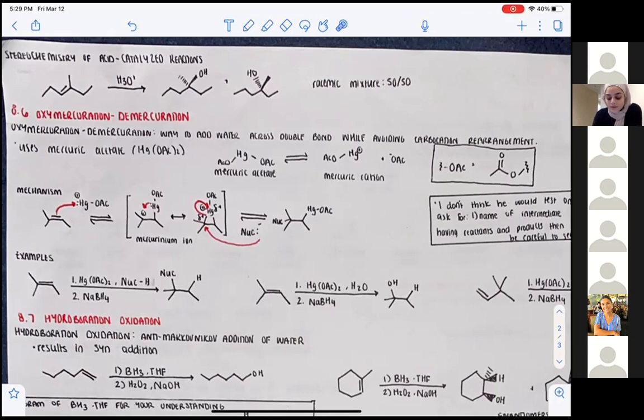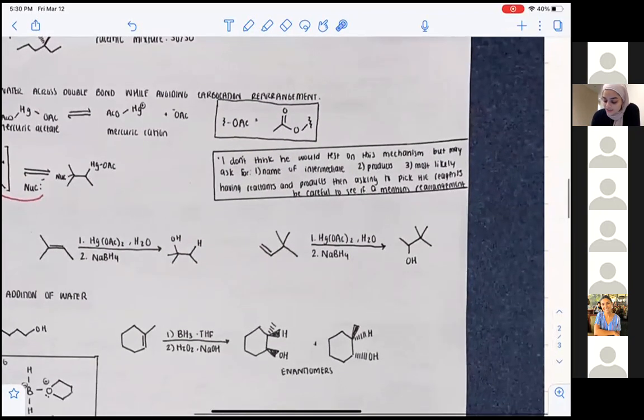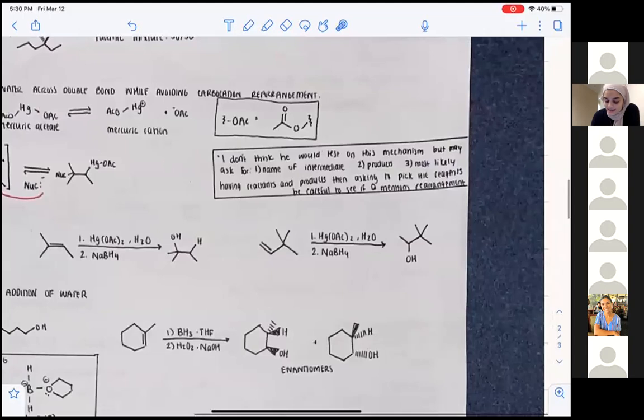So over here, we have a way to add water across the double bond while avoiding carbocation rearrangements, which is pretty convenient. Let's see what I wrote while I was taking this. I said, I don't think he would test on this mechanism, but may ask for the name of the intermediate products, most likely having reactants and products, then asking to pick the reagents.